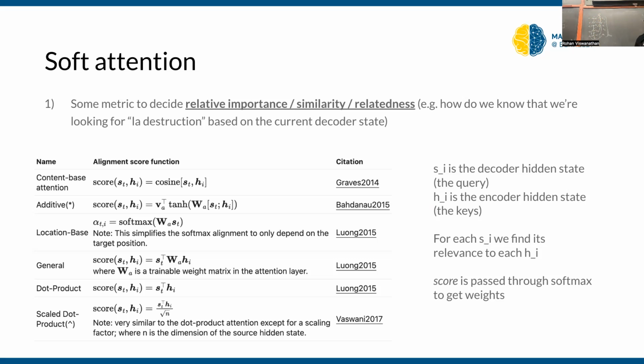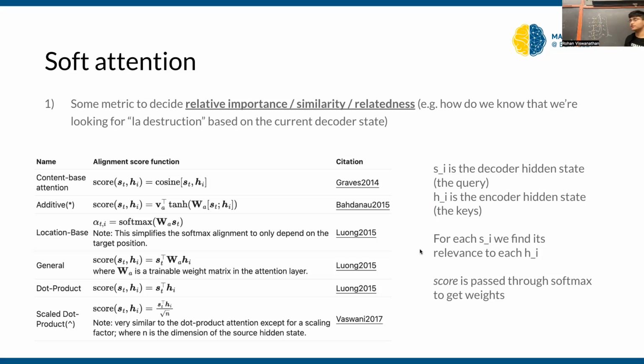And coming up with this can give us the relative importance, which is what we want to find out. Q in this case is going to be our S sub i, so our query is our decoded representation, and H sub i, which is our encoding, is going to be our keys that we compare against. The score is then passed through the softmax function to get the weights.